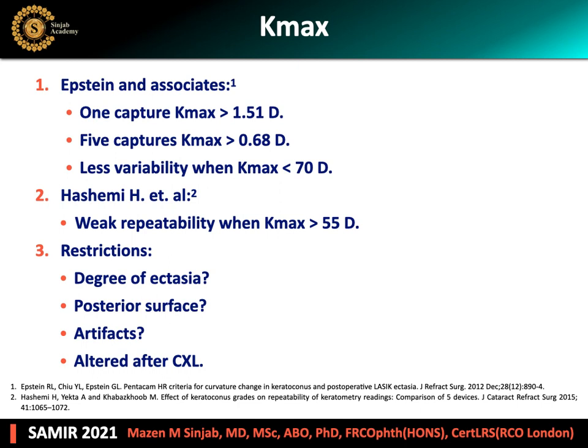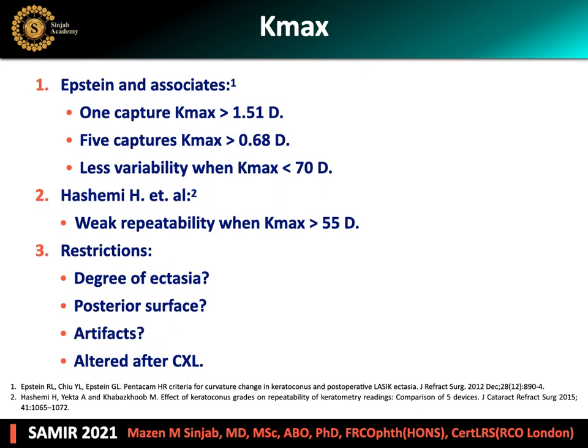So from those two studies, we can say that the higher the Kmax, the more distorted the cornea, and the less repeatability and the less validity of the Kmax measurements, which means more noise from the machine.